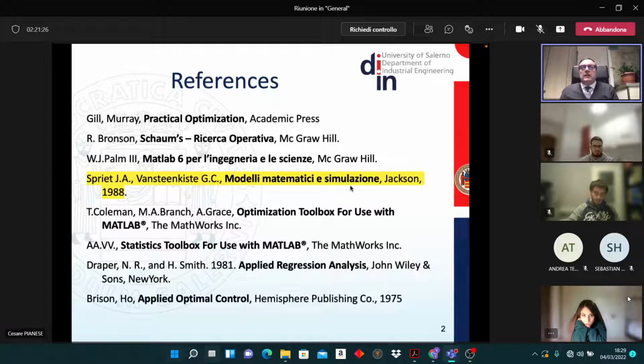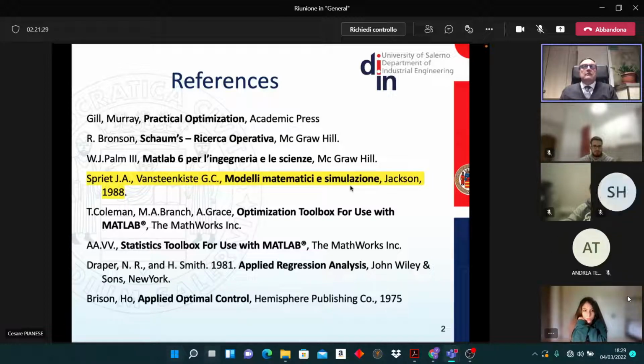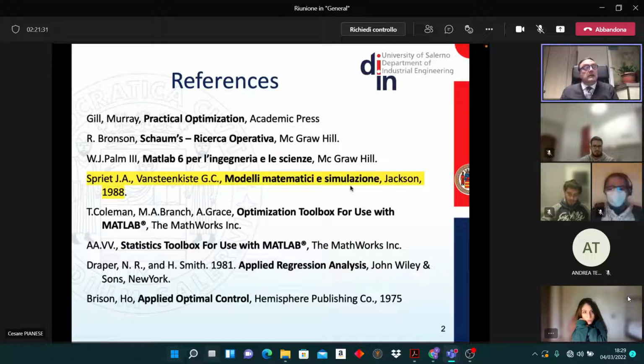Let me know whether you are able to find it, or I should check whether I have the digital version. Anyhow, let me know whether you will find it. For sure, not me, but Professor Rizzo should have the paper version of this book, which is very, very interesting. Okay?